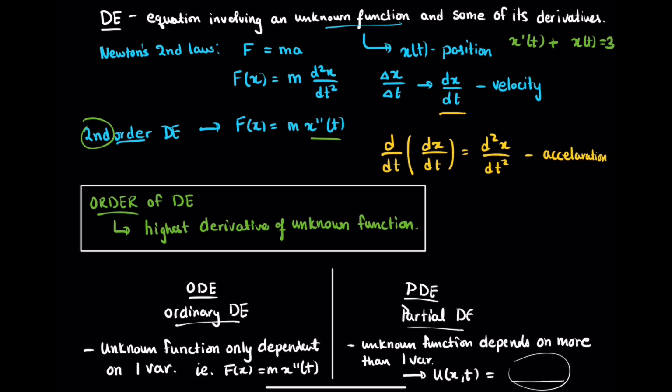I'll show you how to solve this. The idea is that you have an unknown function x and some of its derivatives, so you not only have x of t, you also have x prime of t. You have more than one representation of the same base function, but modified in this case by a derivative.